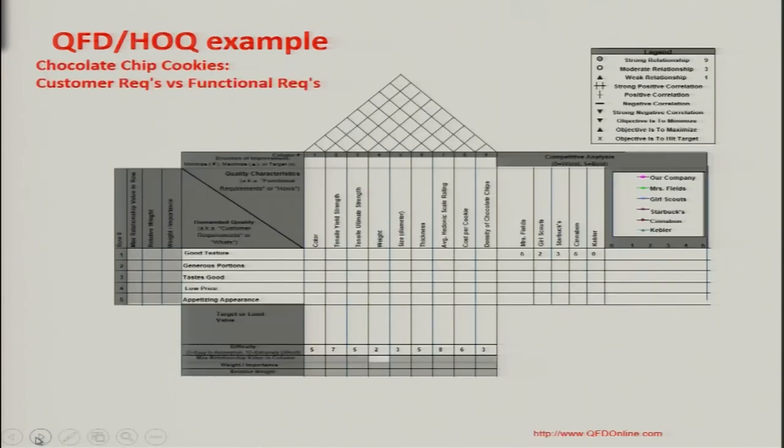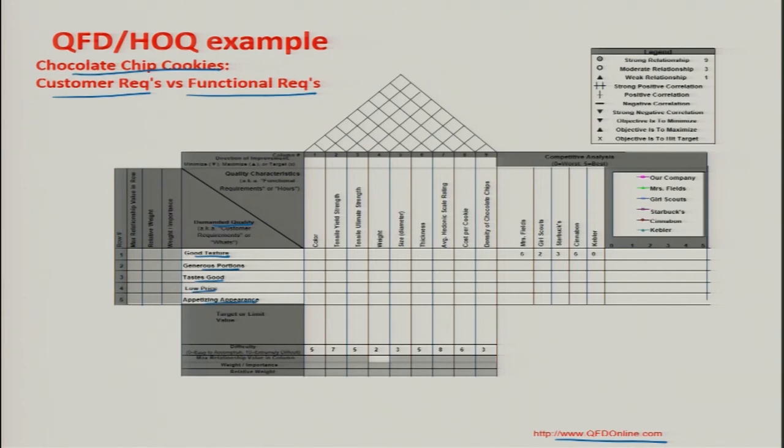So, this is an example which I have picked from the QFD online website, in which they wanted to develop chocolate chip cookies. The customer requirements and functional requirements are compared with each other. The customer demanded quality is here. Customers demanded good texture in the cookies, generous portion, good taste, low price and appetizing appearance.